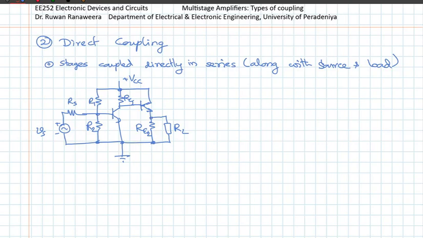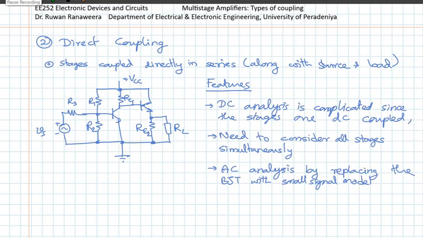What are some features of this kind of one? The DC analysis is complicated, and the AC analysis, just like before, is done by replacing the BJTs with its small signal equivalent. It could be the common emitter parameters, or whatever the parameters that you may have. And remember that because there are multiple transistors, you may have multiple models.